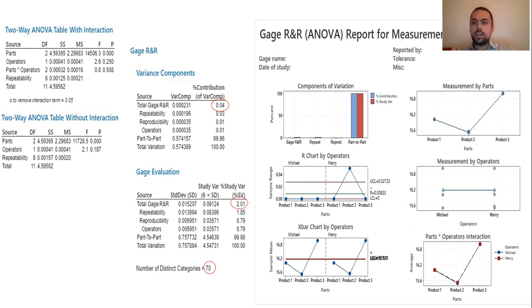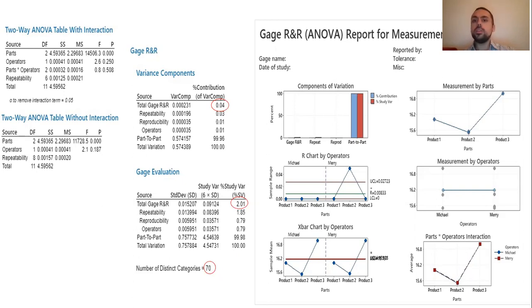On the right side, you can see they are on each other. On the left side, you can see that both shapes are the same. About measurement by operators, you can see that their averages, lines and points are the same. So they have the same measurement.